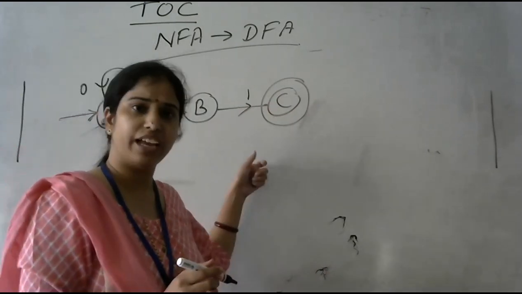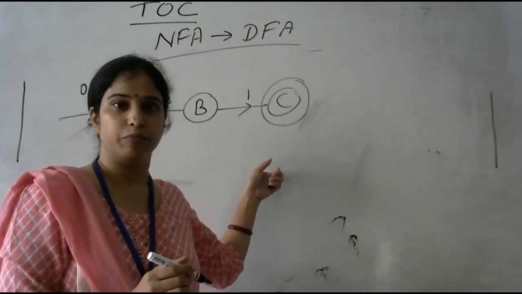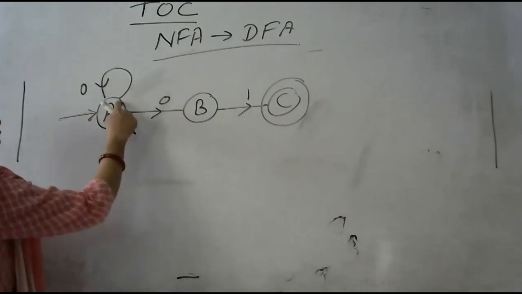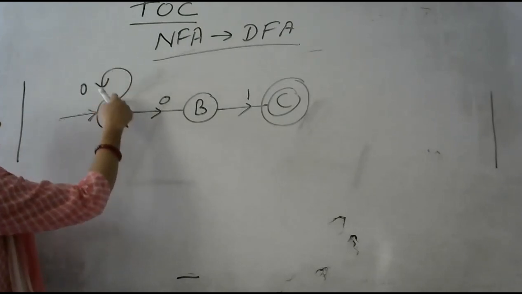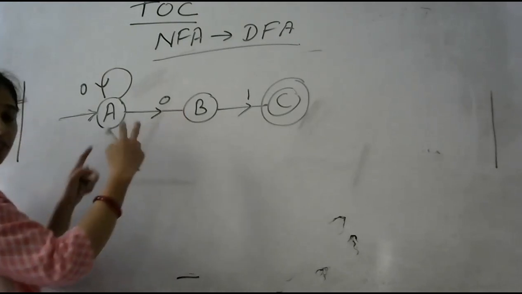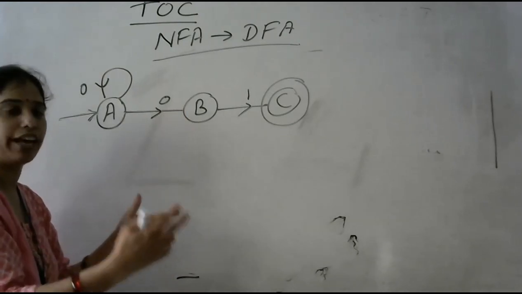How do we know that this is an NFA machine? Because when from any state we read the same input and go to multiple states, then it's called NFA.